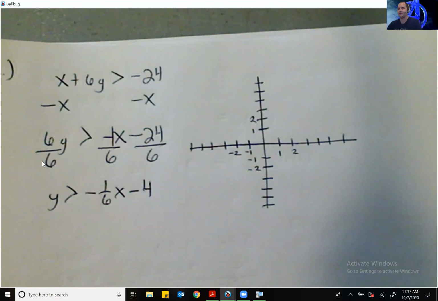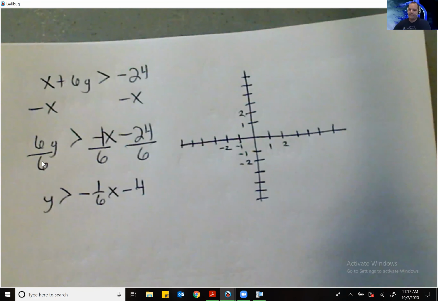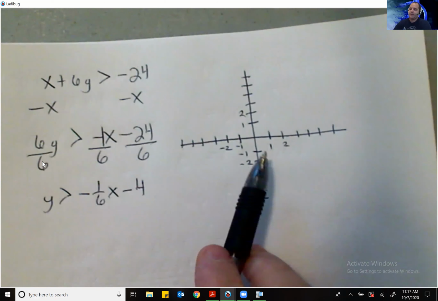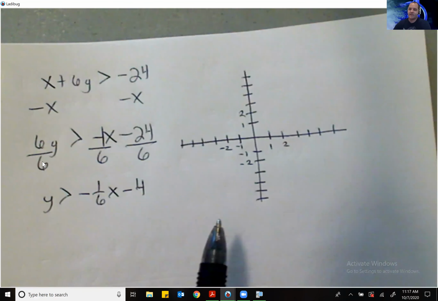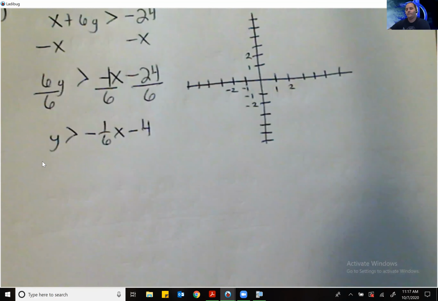So now we can put this in our calculator. When we go to our graphing calculator, what kind of line is this going to be? Solid or dotted?